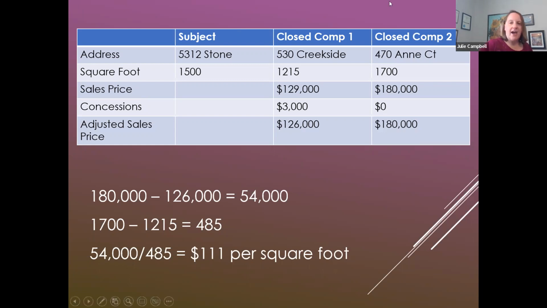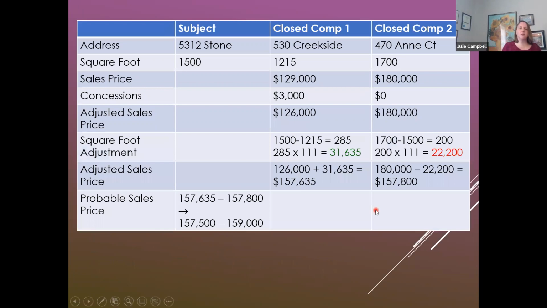So if we were to do that and figure these amounts, then we're going to make our adjustments. So now let's compare each comp to the subject. My subject has 1,500 square feet. Comp 1 has 1,215. Does comp 1 have more than or less than the subject? It has less than.